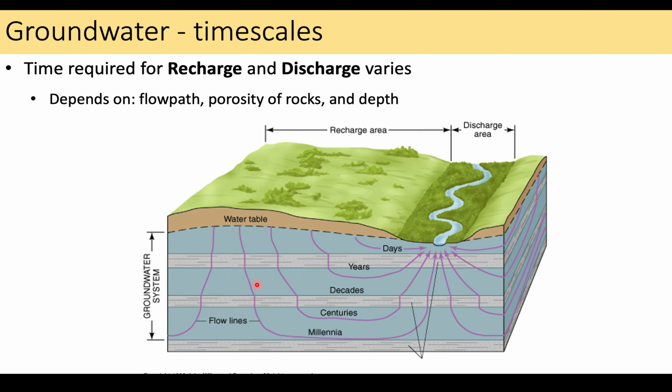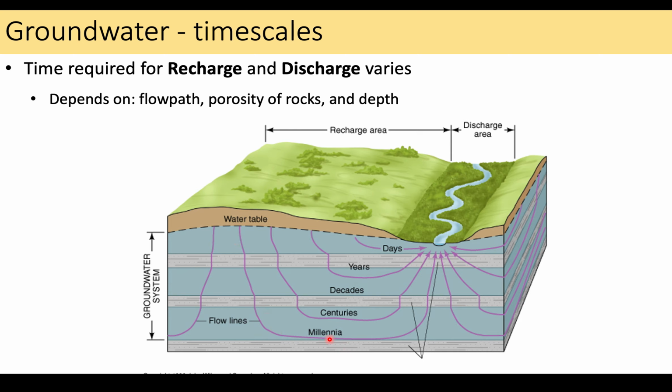However, if that water flows straight downwards, so instead of being very close to our stream where the water is going to travel very quickly to our stream, if our water flows straight downwards through this groundwater system, it's going to take a very, very, very long time.